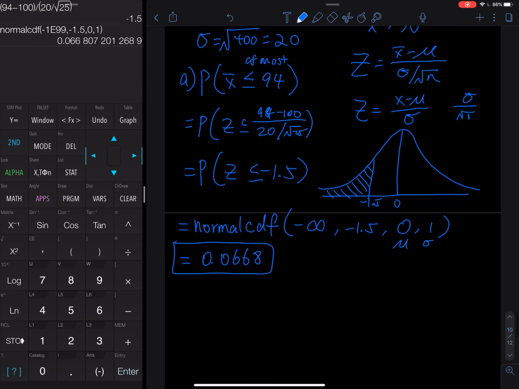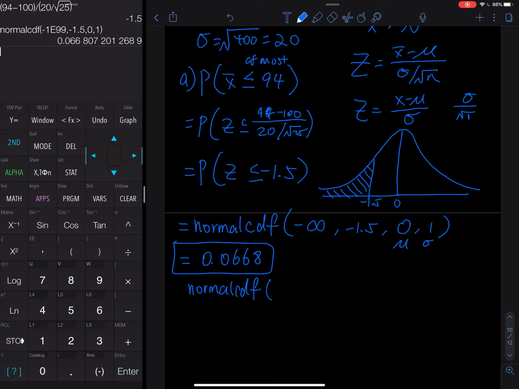And this procedure I just drew has all the work. So if someone asks you to show all your work, then this is what you have to do. If you are doing a multiple choice problem where you don't need to show a single line of work, then there is a shortcut. You do normal CDF.